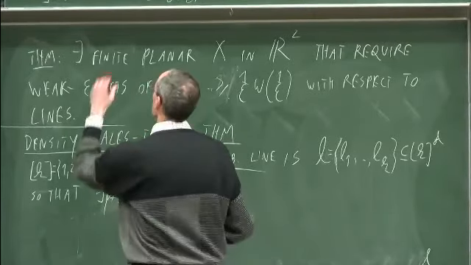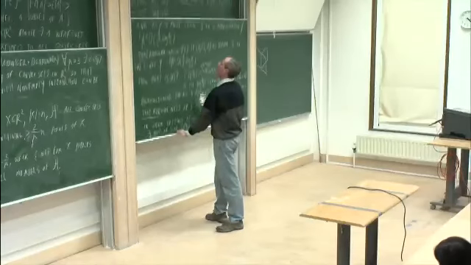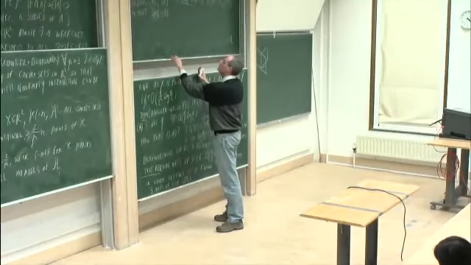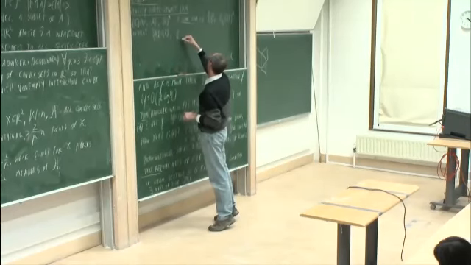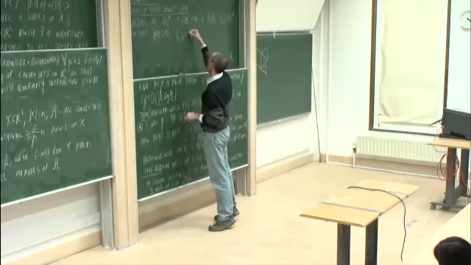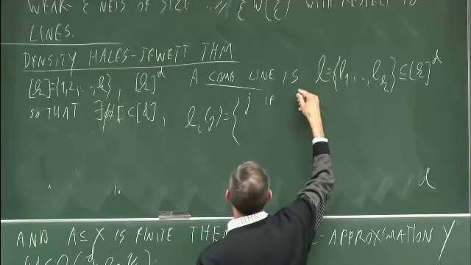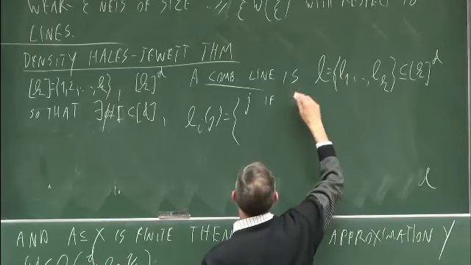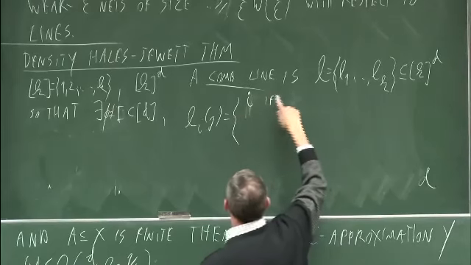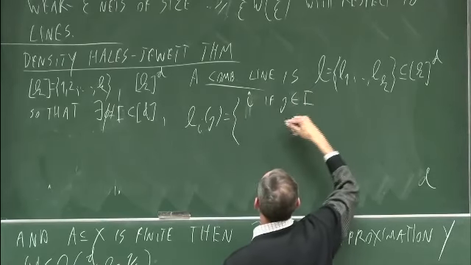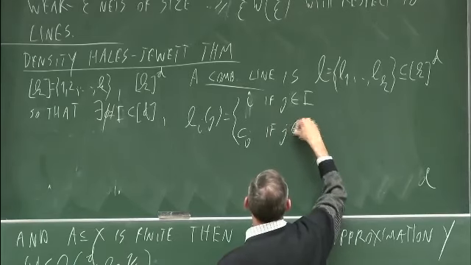This will be like the direction of this combinatorial line. And L_i in coordinate j we want to be i if j belongs to I, and to be some c_j if j does not belong to I.